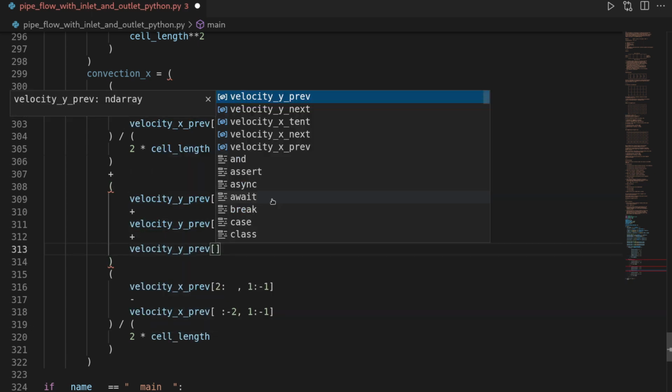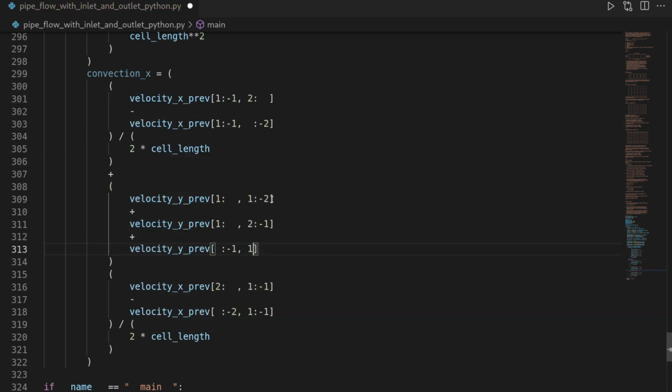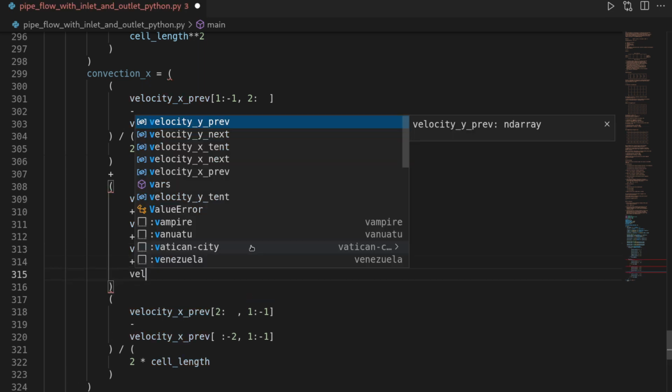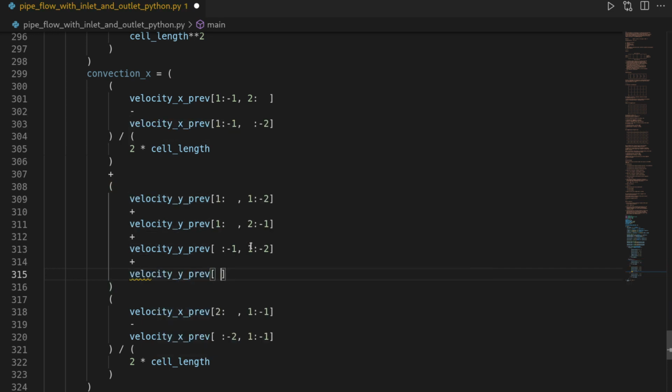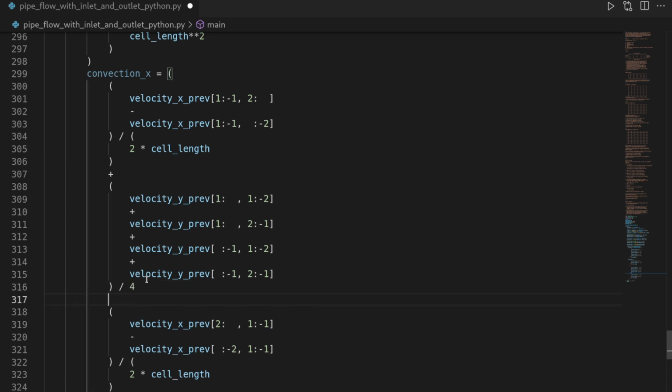And here this one would be the bottom left point, because now we are starting all the way at the bottom edge and then go to, not the very last element, but the one before. And we have a similar thing here, and you probably see the permutation getting some sort of structure. And then we divide that by 4 to get our average and multiply that.